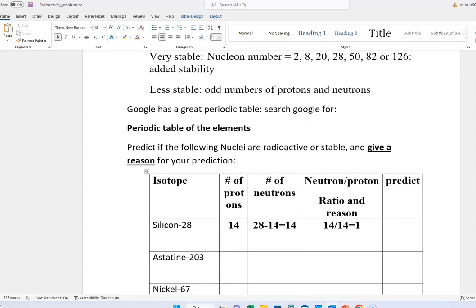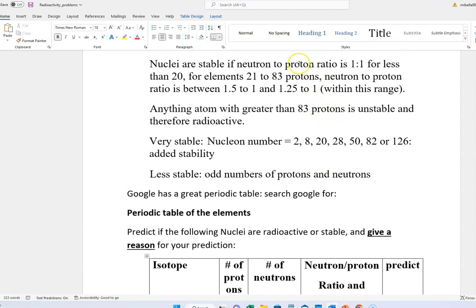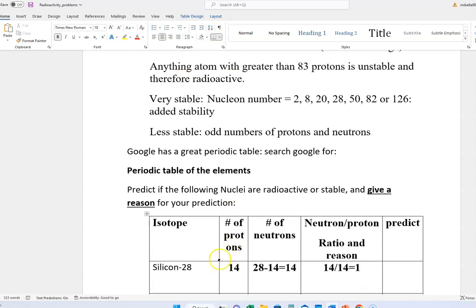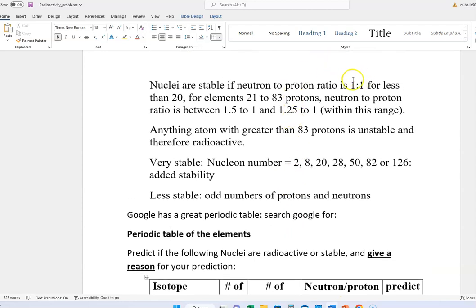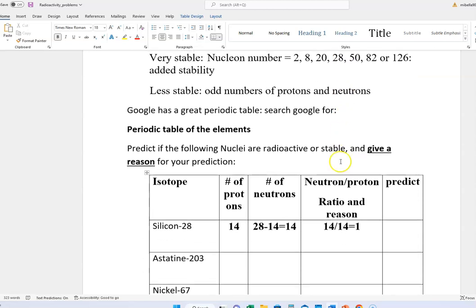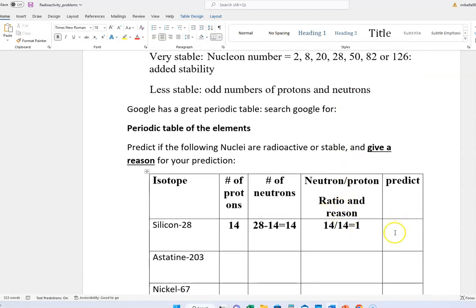And remember, for elements that are less than 20, and element 14, which is silicon, is less than 20, the ratio should be 1 to 1. And that's exactly right for this one. So we're predicting that this one is stable.